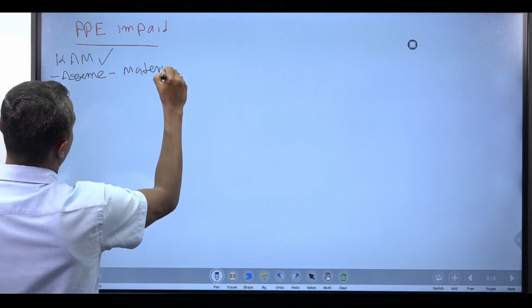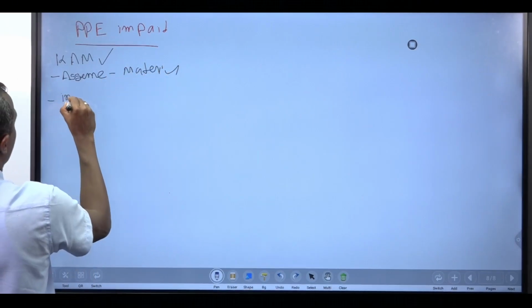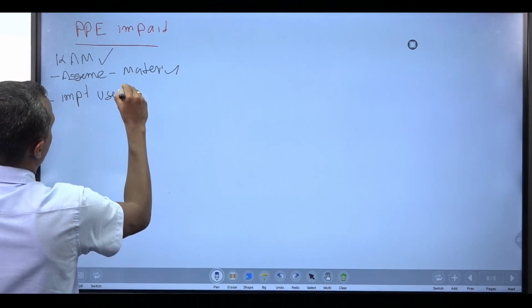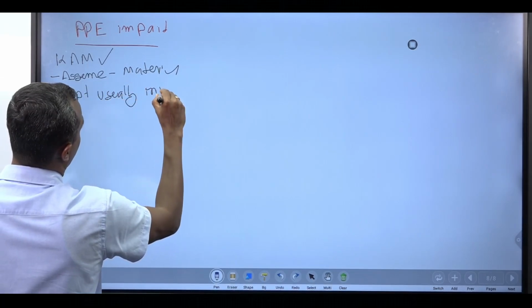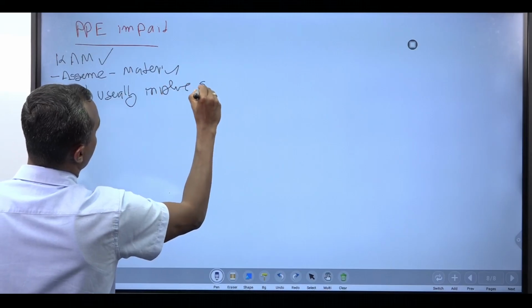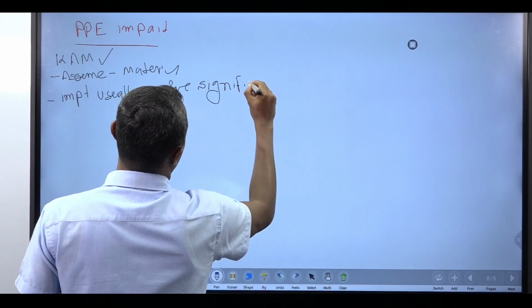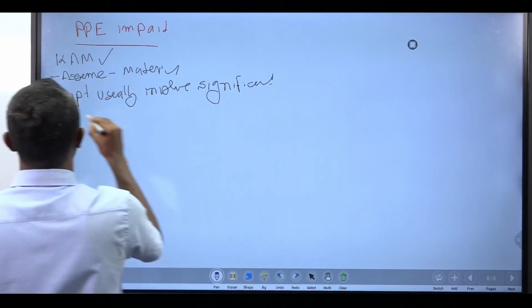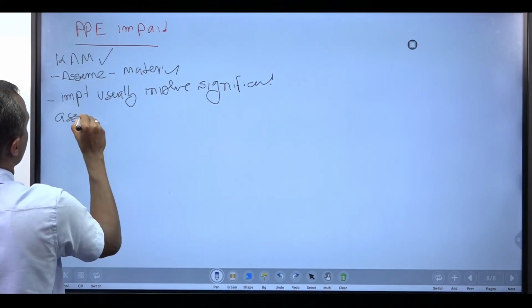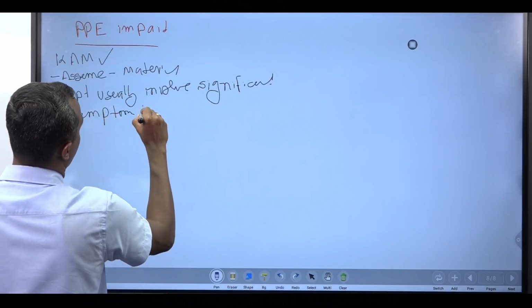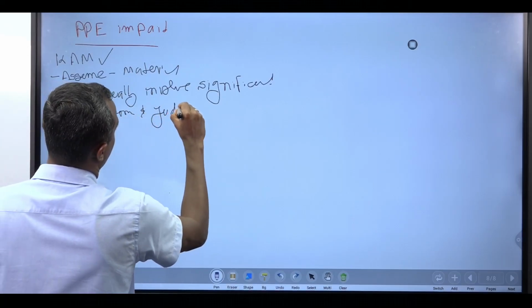Assume this is material, and impairment usually involves significant assumptions and judgment.